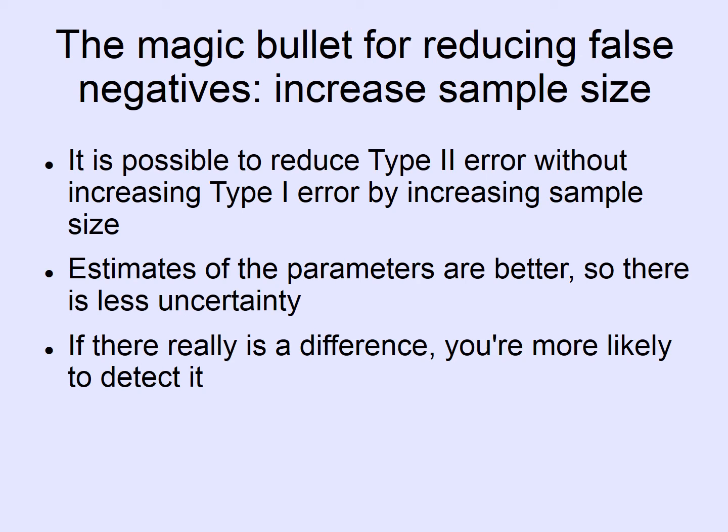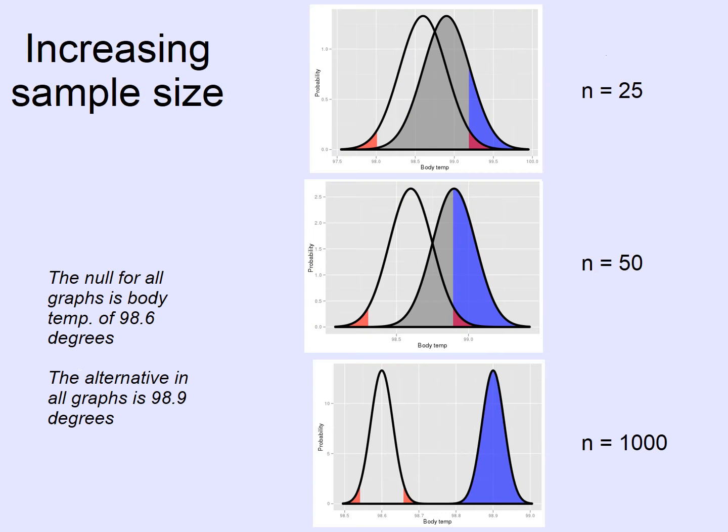So there is one thing, though, that I can really control, and that's increasing sample size. If I increase sample size, I can leave my alpha error alone, and it will decrease my type 2 error, and we'll see increase my power. So here's showing that same idea, but in this case, a difference of 0.3 degrees, so that's not changing now. My alpha's not changing now.